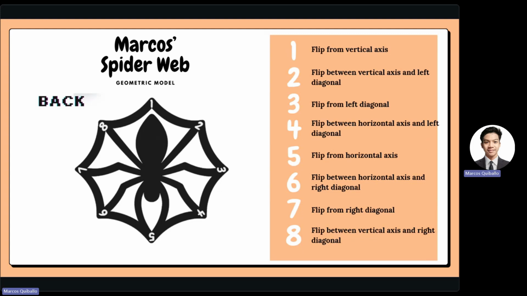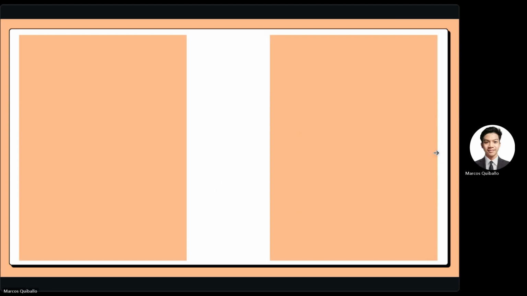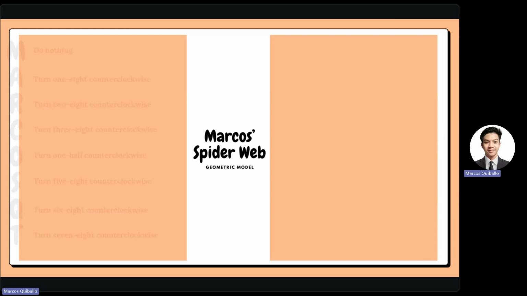And lastly, number 8 is a flip between the vertical axis and the right diagonal. So this is the summary of the movements per letter and per number.